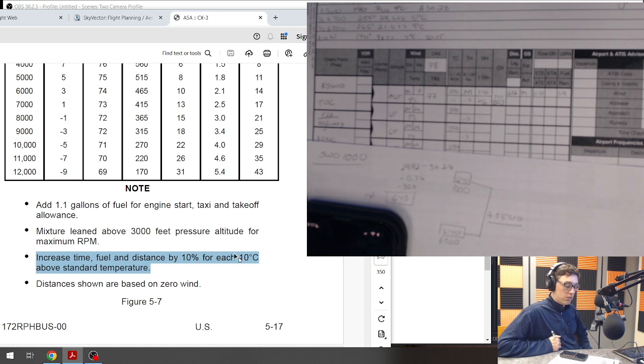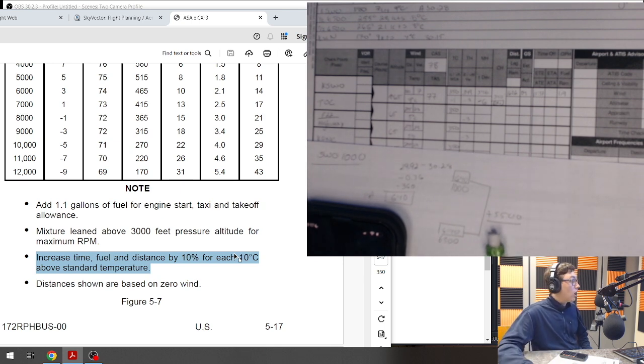However, we're just going to leave it like that for now. But I don't need to add any time, fuel, and distance per 10% for each 10 degrees Celsius above standard temperature because I'm technically below standard temperature. And it doesn't tell me to do anything if I'm below standard temperature because this will then be the most conservative value that I'm going to use. So keep it like that.